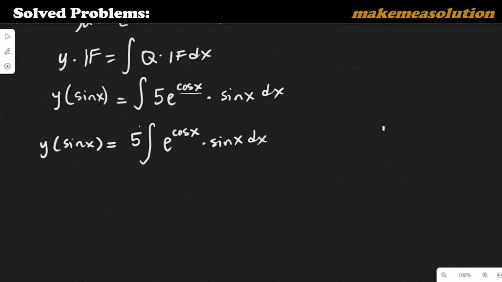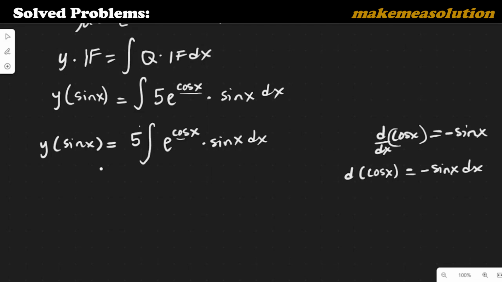Now, assuming you want to differentiate the argument of your exponential term, cos x, with respect to x, you're going to get minus sin x. Is that not correct? So d of cos x is minus sin x dx. If there's a way I can introduce a minus sin x dx to this place, which of course there is, it will simplify my integration procedure.